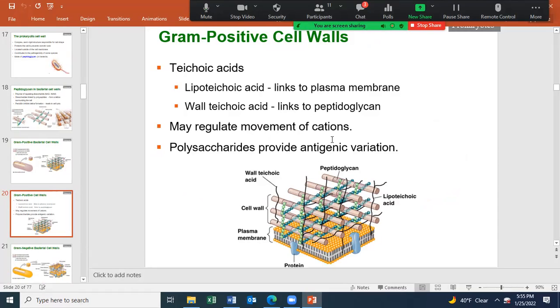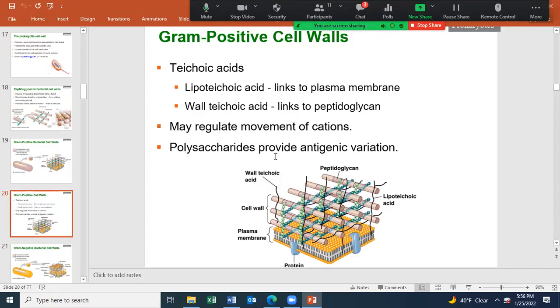However, the cation can dissolve in water, and the cell wall is water soluble, meaning water can go right through the cell wall. And so a cation can dissolve in the water and go right through the cell wall. But the teichoic acid does help regulate the movement of cations.